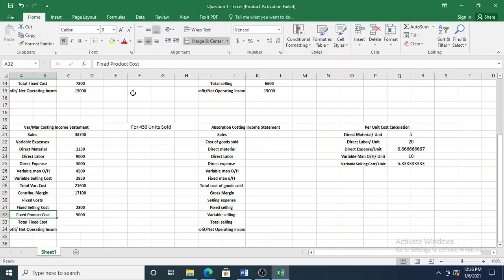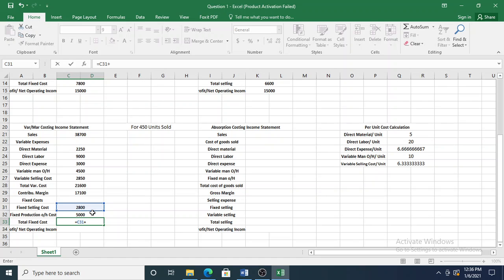So let's fix this: fixed production overhead cost. The total cost would be this plus this, which gives us 7,800, and we're going to deduct 7,800 from the contribution margin, which gives us $9,300 as a profit.